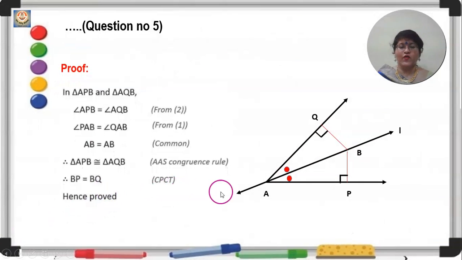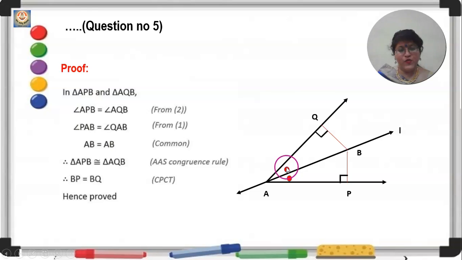Now the proof of this. Look at the two triangles. You have to prove these two triangles congruent by the test of congruency. What test of congruency will you use here? Look for the indications. One angle congruent to this angle, each is 90.